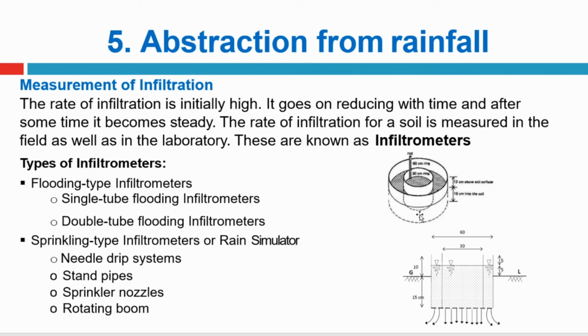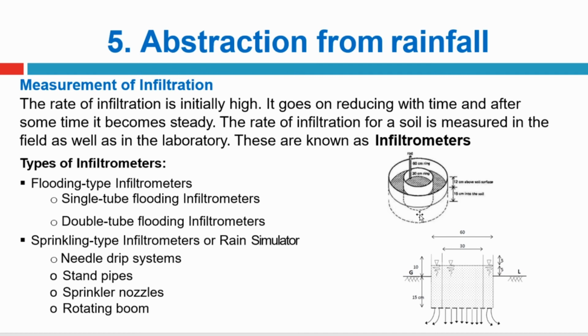This is our assumption for the infiltrometer. I hope this is very clear. In future we are going to study how to find the infiltration values, infiltration rate and infiltration capacity from infiltrometers, and we'll solve problems on that. I hope it is clear what infiltrometers and the double ring infiltrometer are.